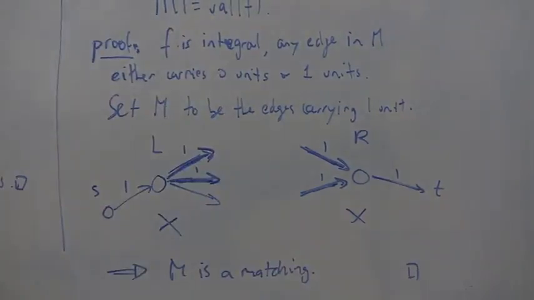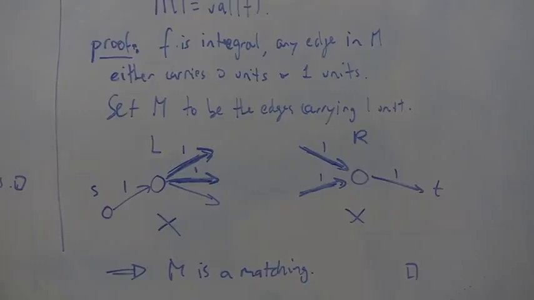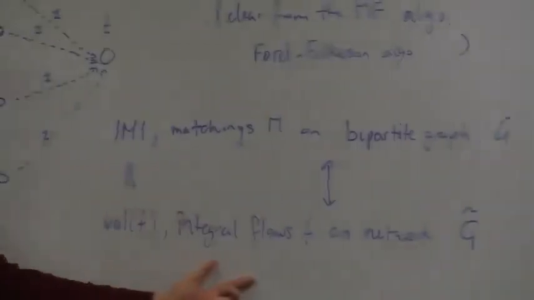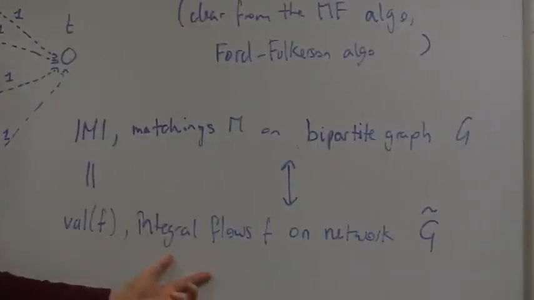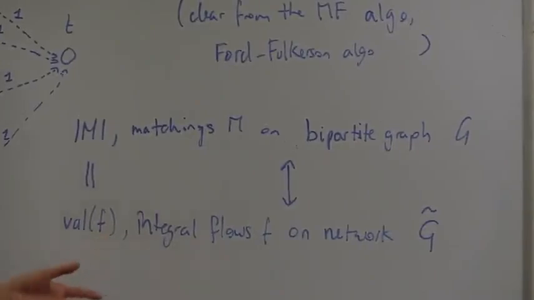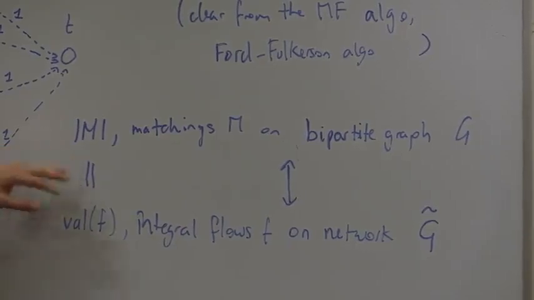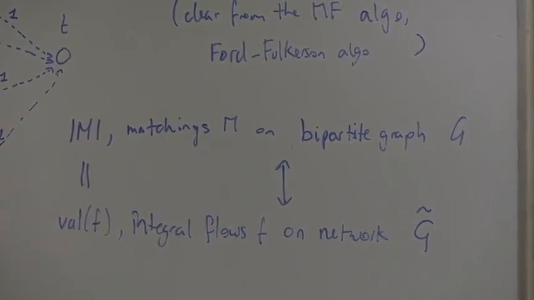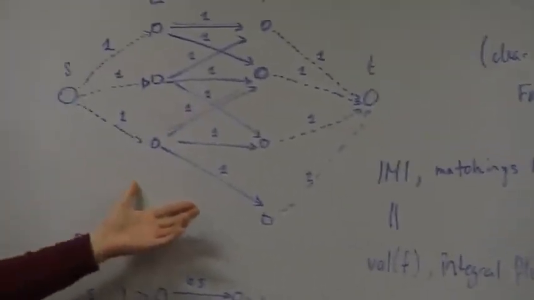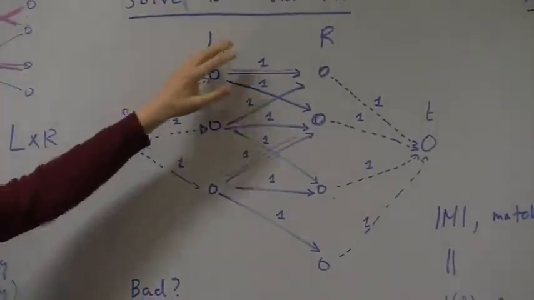Okay, now what does it tell us is that there is a correspondence between matchings on the bipartite graph and integral flows on the network G tilde derived from the bipartite graph. And this correspondence preserves size in the sense that the matching size will correspond to its flow's value. And this brings us back to this original question of solving bipartite matching via maximum flow.